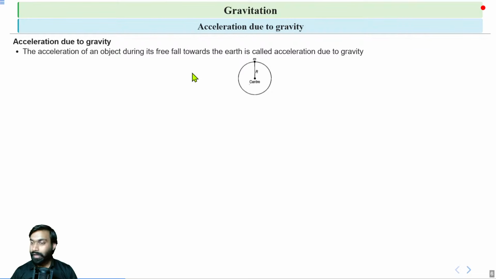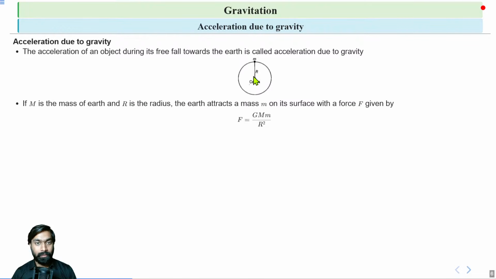Look at the figure: we have a small mass m on the surface, r is the radius and c is the center. If capital M is the mass of the earth and r is the radius, the earth attracts the small mass m on its surface with a force capital F. You know the universal law of gravitation, so the expression will be F equal to G M m divided by r square.